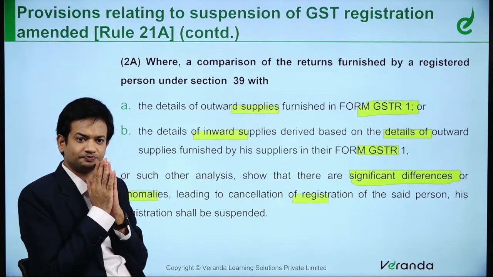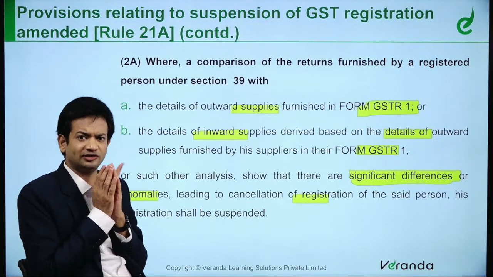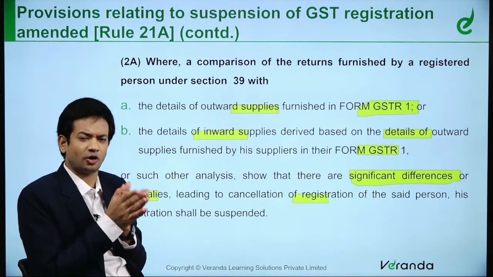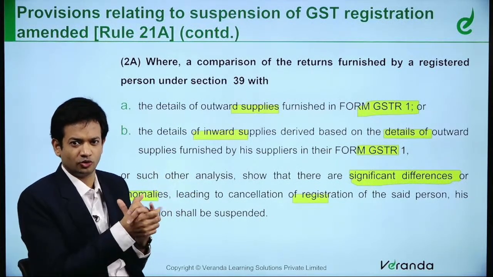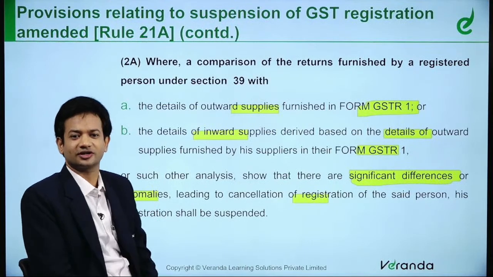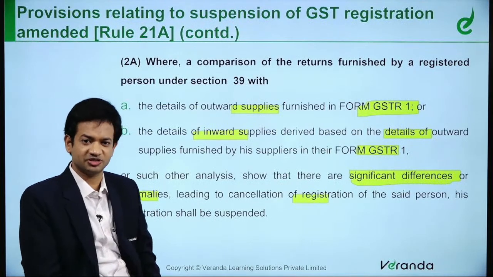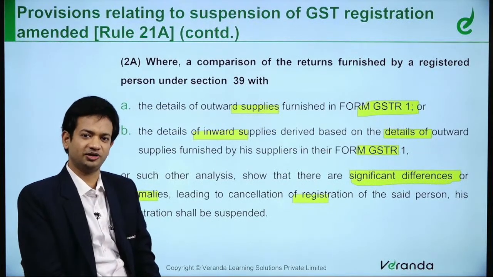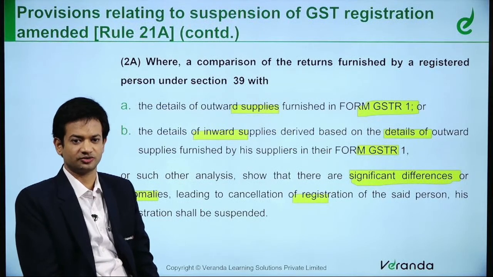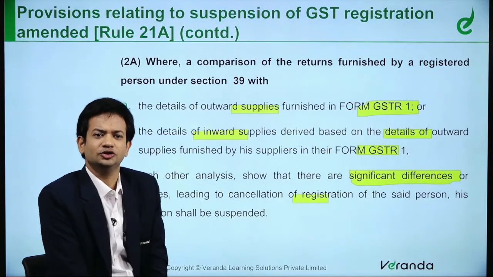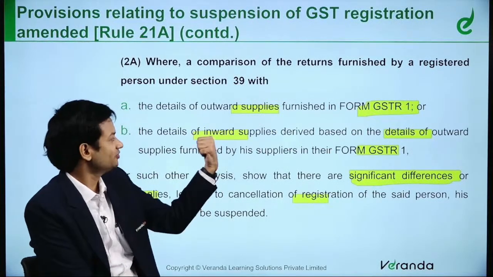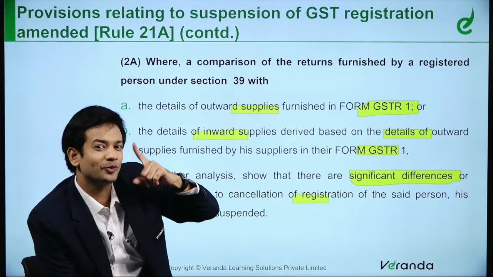So earlier what happens? The officer will get a doubt that something is wrong, they will issue a notice or give you an opportunity of being heard. Now they will not. If they feel something is wrong, direct suspension. Sub rule 2 we saw, right? So here they are saying that if the liability in 1 and 3B is a mismatch, and 1 liability is more than 3B, they can suspend your registration. Next, let's say for example, your credit based on inward supplies, where we get it in 2A to B, right?